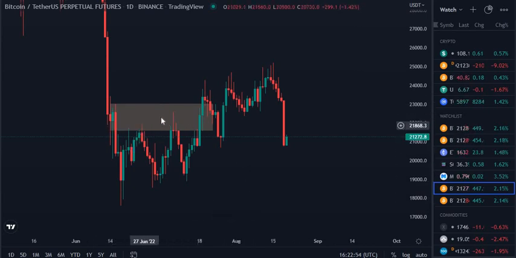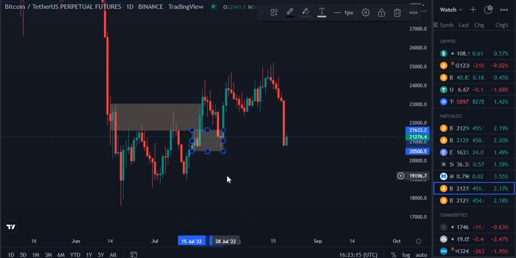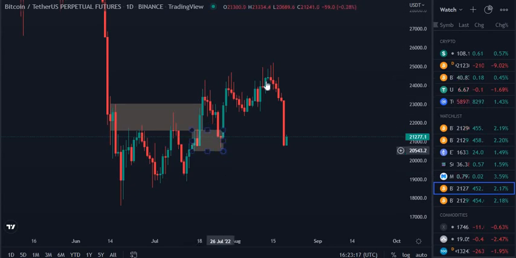Now this supply zone got flipped, got invalidated. We see price rallying above the supply zone, but just before this rally right here we have a rally base rally demand, and this is our flip zone. Price dropping into it and then going up in the direction of an uptrend.